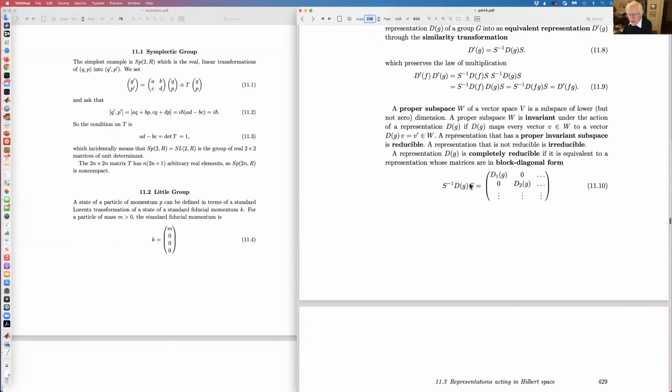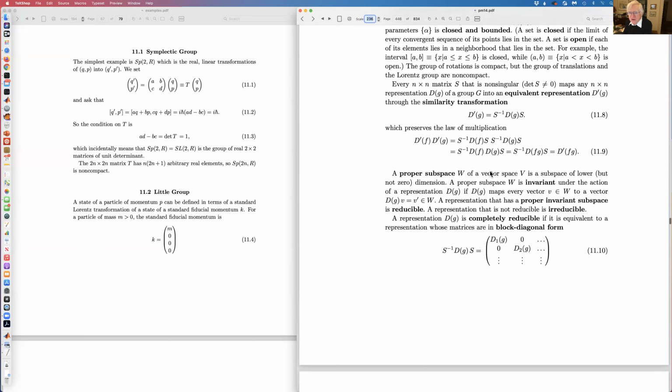Let's go on. If you have a matrix like this, it's said to be in, well, first of all, what's an equivalent representation? Anytime you have a representation, you have infinitely many equivalent representations because you just perform this operation with any matrix S that has an inverse, and you get another representation that's just as good.